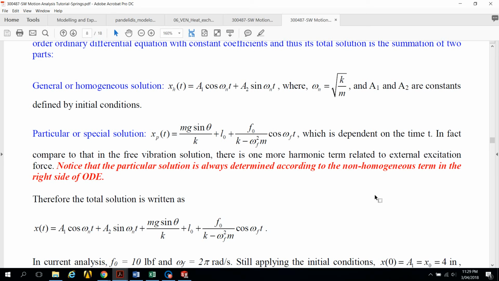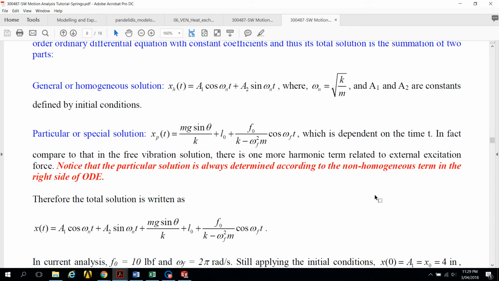In fact, compared to the free vibration solution, there is one more harmonic term related to the external excitation force. Notice that the particular solution is always determined according to the non-homogeneous term on the right side of the ODE.